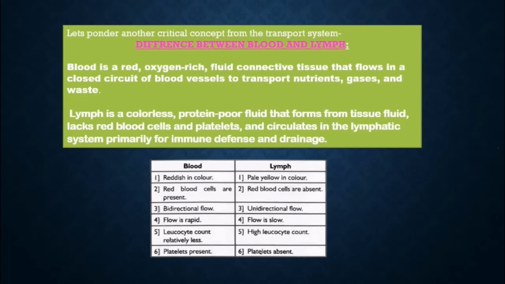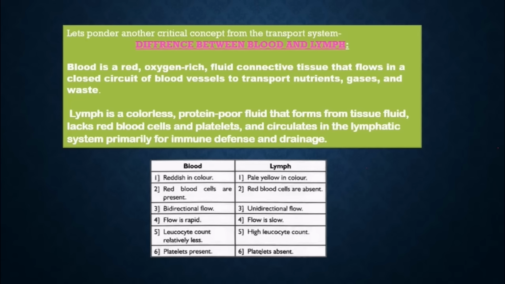Both lymph nodes and lymph vessels together are called the lymphatic system. This lymphatic system is primarily important for immune defense and drainage because it contains lymphocytes, the microscopic policemen of our body, the main organ of the defense system.